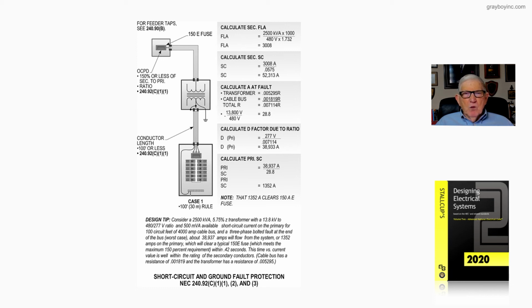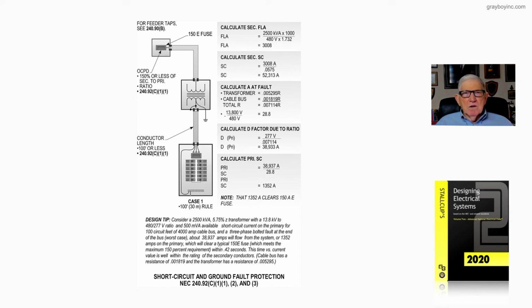Now, we need 5 to 6 times that primary rating of that fuse. So let's just say 6 times. 6 times 150, then that would be 900. So the note says yes, the 13,052 amp clears a 150 amp fuse. So we could make the over 25 foot up to 100 foot tap here.